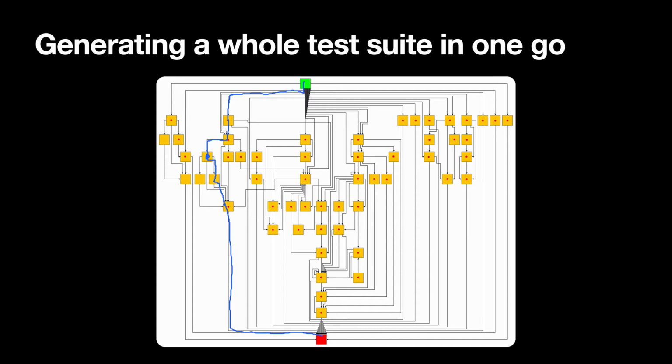But this approach doesn't give us any control over how big the test suite becomes in order to reach 100% coverage. Because we just keep generating sequences until we reach this criteria, right? So what we wanted to do was to take it a step further and search for a complete test suite in one go.